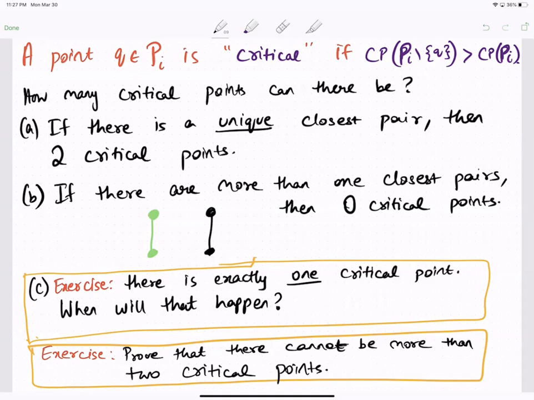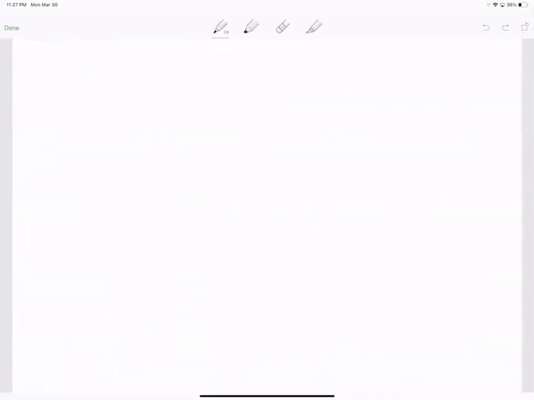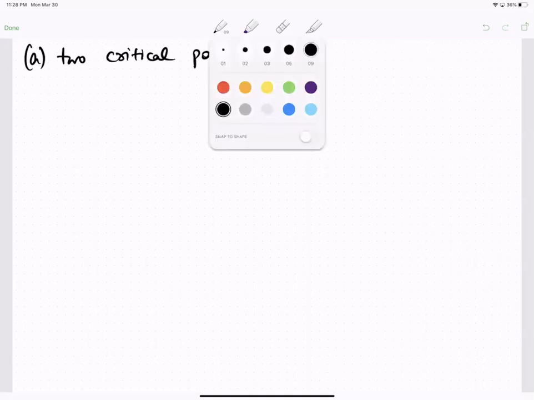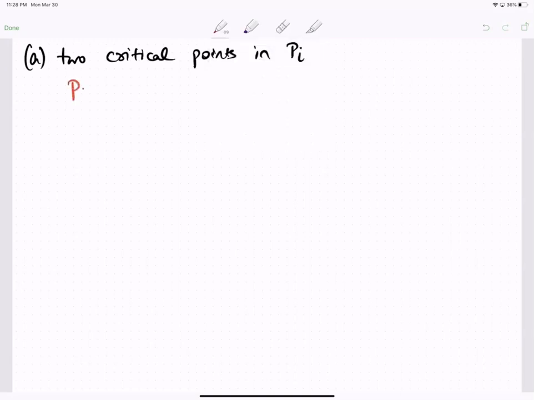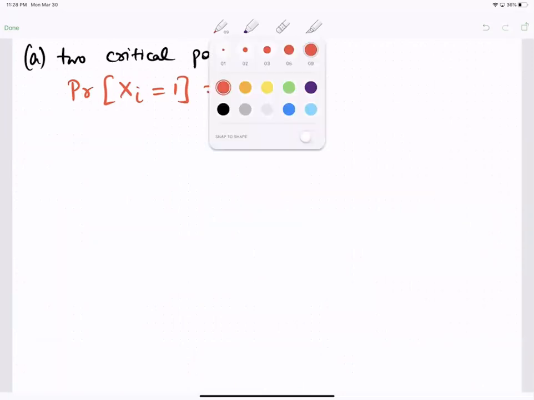Now remember that we are saying Pi is a random permutation. Assume there are two critical points in Pi. And now the claim is probability that xi will be equal to 1 is equal to 2 over i. And why is that? Let's show this pictorially.